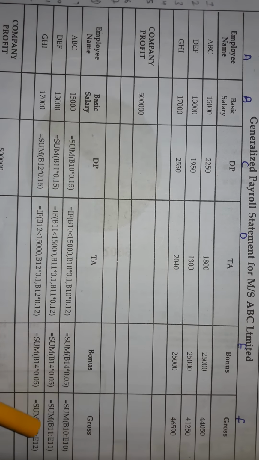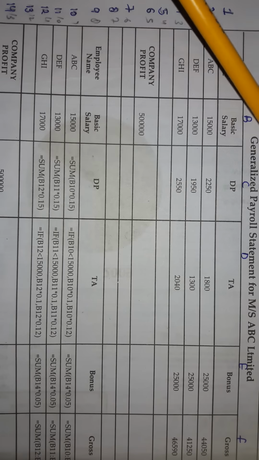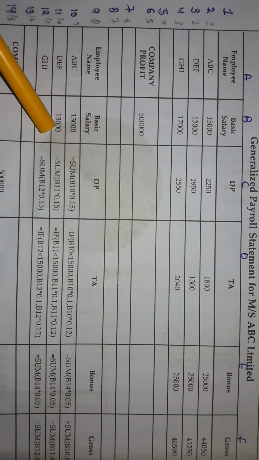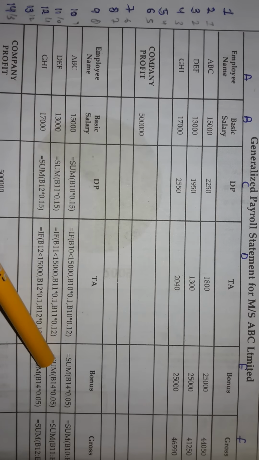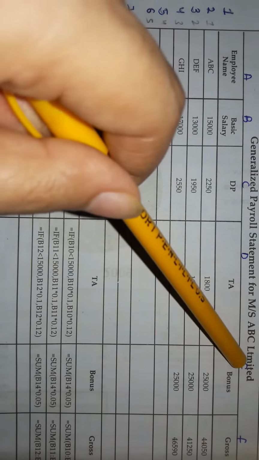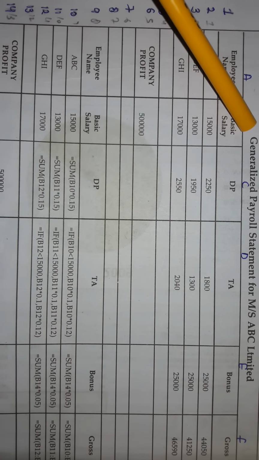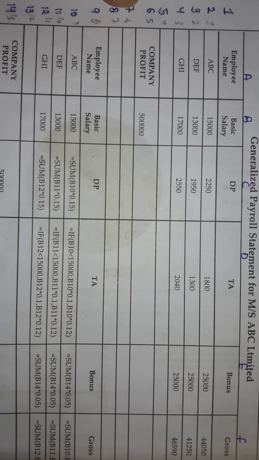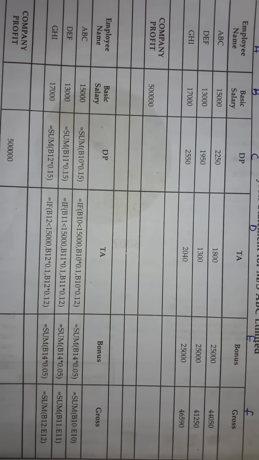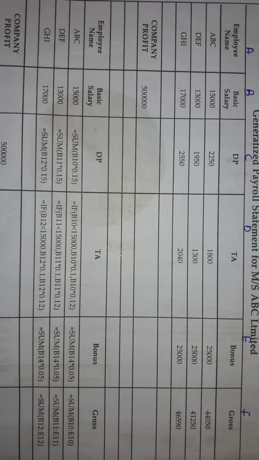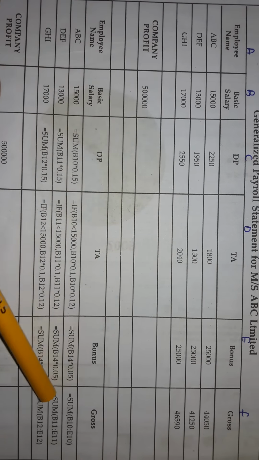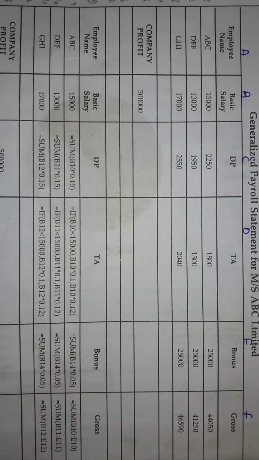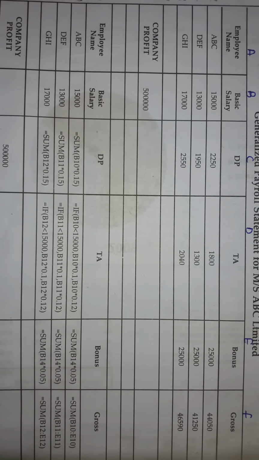Similarly is equal to sum B11 to E11, and B12 to E12. I can show you B11, it will go up to E11, then B12 up to E12, and you just need to write it here. Just like that. So this is how you have to prepare the generalized payroll statement.